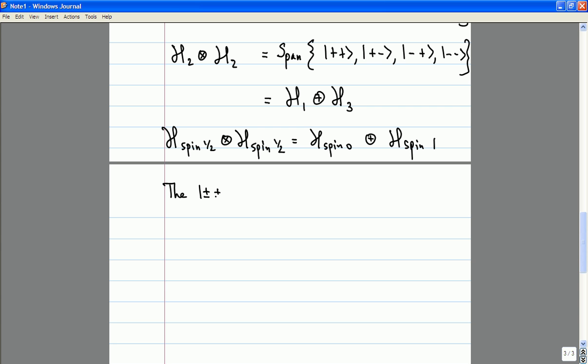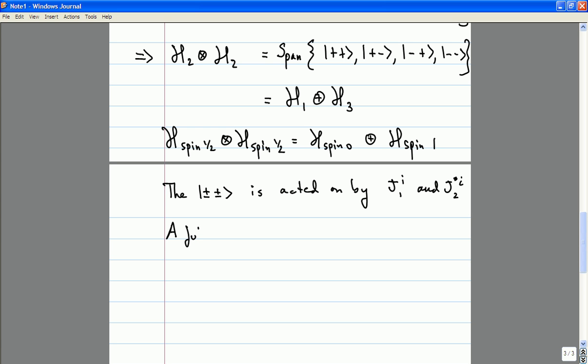So the basis that I wrote down above for this tensor product is acted on by the usual angular momentum operators acting on the first and second electron, the first and second Hilbert spaces.